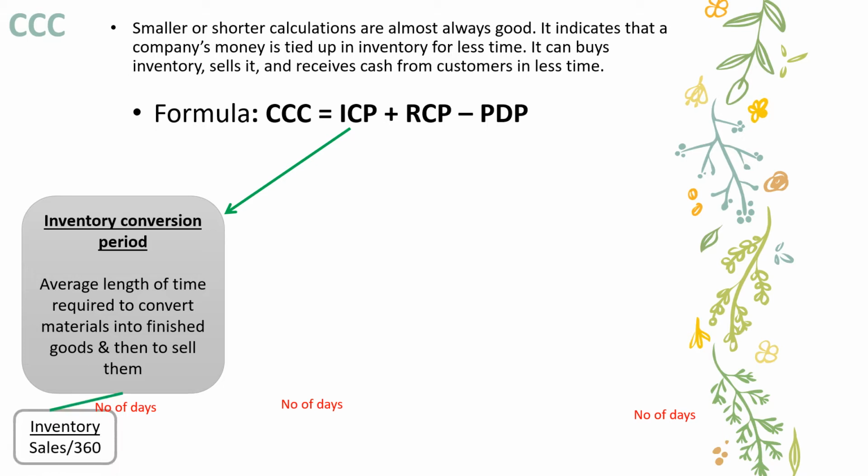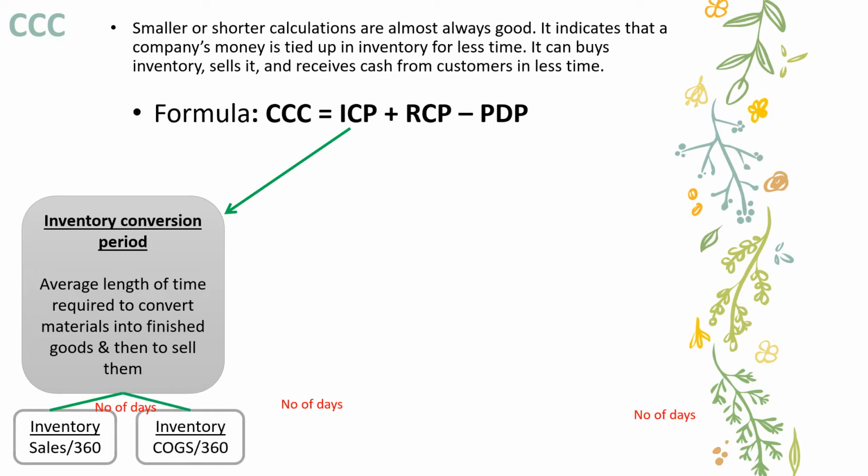So this is the formula to determine the inventory conversion period. That is inventory divided by sales over 360. So the ICP is measured in number of days. All of these are measured in number of days.